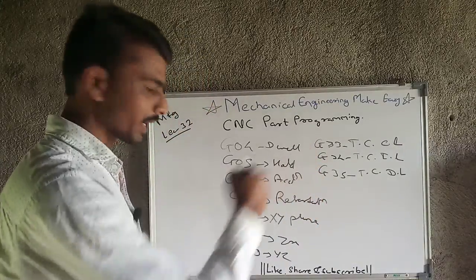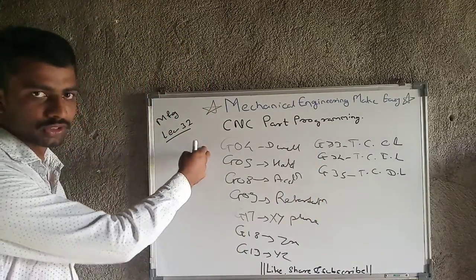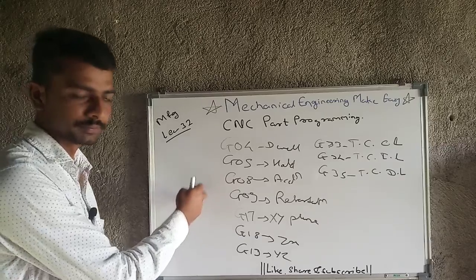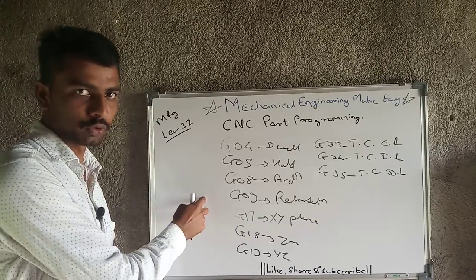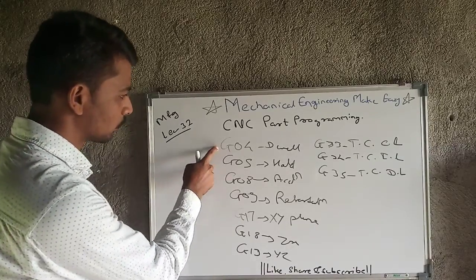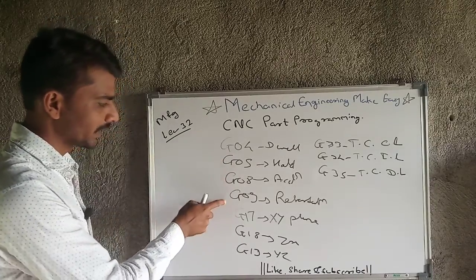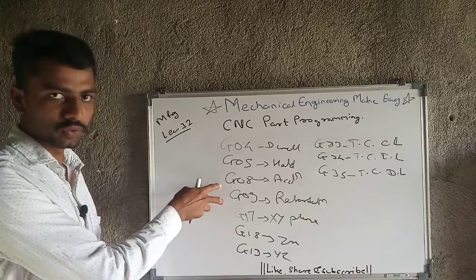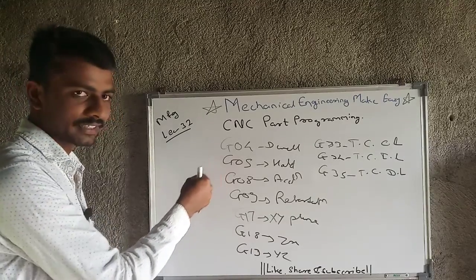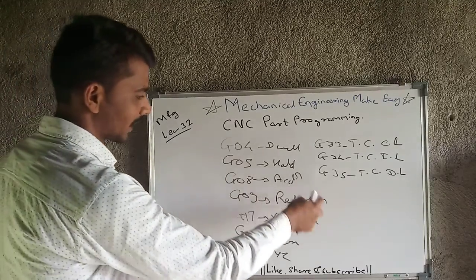So you can note down one thing again: G00, 01, 02, 03 are common for interpolation. After that G04, 05 are dwell and hold. After that G08 and 09, they are given in sequence, after 8 there will be 9, and that is acceleration and retardation.